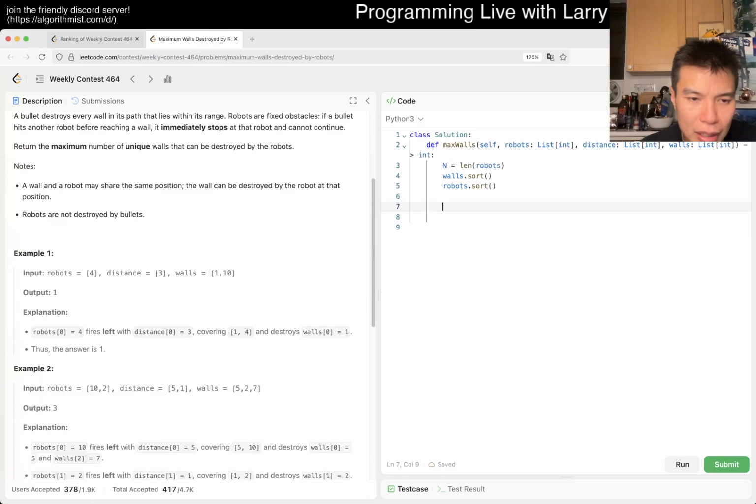Okay, so then yeah, I don't know. I think there's just DP, right? I don't get it. DP, maybe binary search. I mean, maybe both is what I mean.